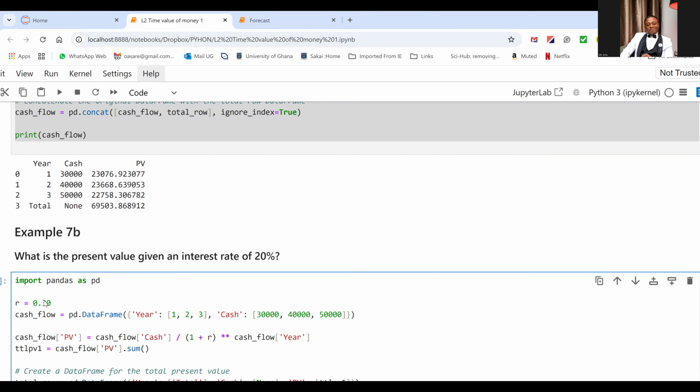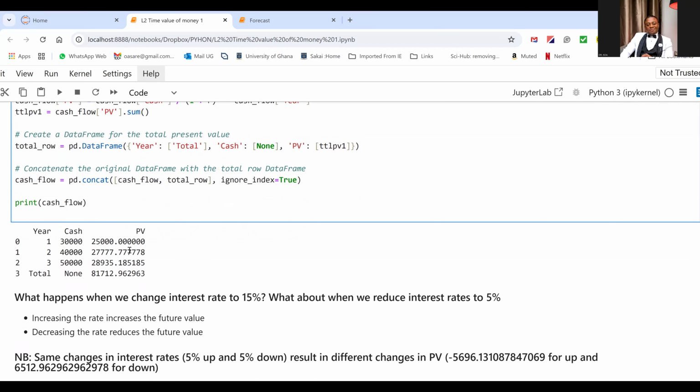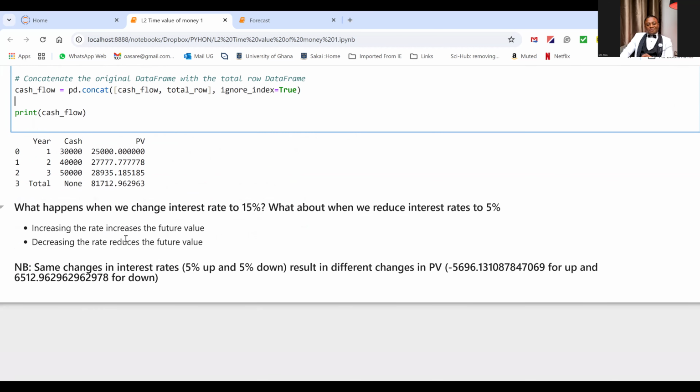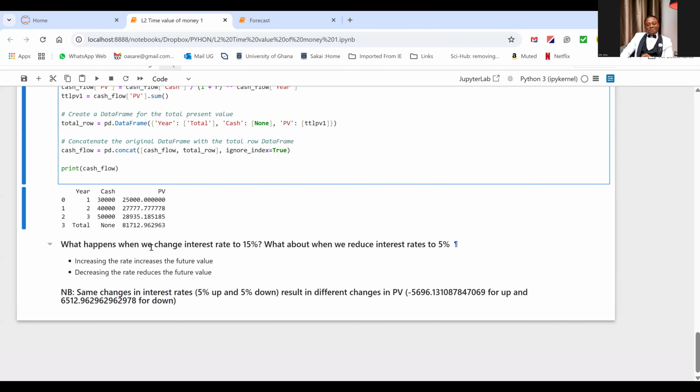It says 20%, so change it to 0.2 here and run it. You see, the present value has gone up because we have reduced the interest rate. I even have that conclusion here. That's it: increasing the rate reduces the present value.